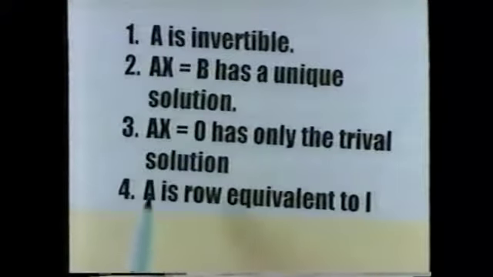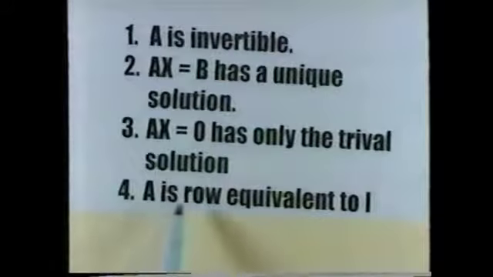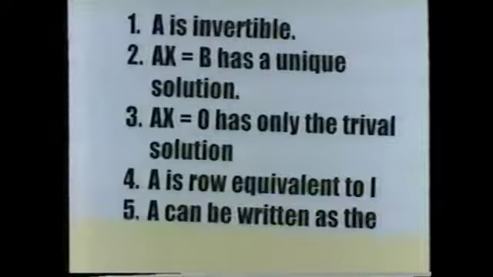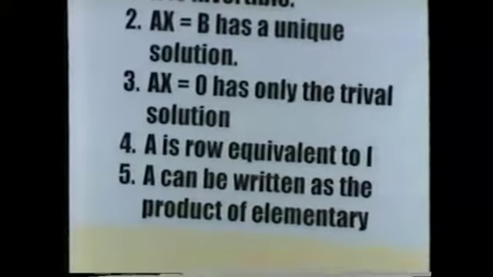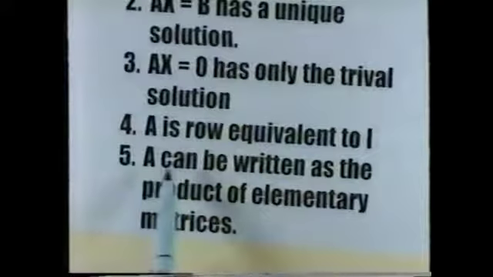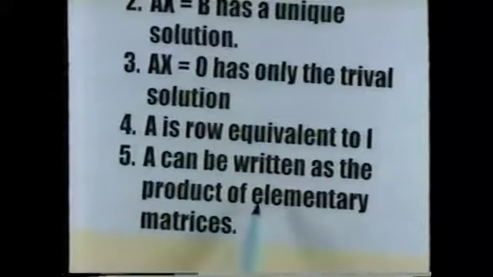We already have that A is invertible if A is row equivalent to the identity matrix. I mean, that's how we inverted it. We transformed A into the identity matrix. So we already knew that one. And the last one that we're adding to it, A is invertible if it can be written as the product of elementary matrices.